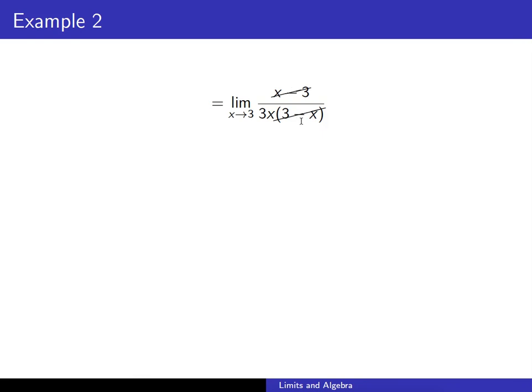So these will cancel out, but instead of having a 1 in our numerator, we'll have a -1. So it simplifies to the limit as x approaches 3 of -1 over 3x, which then we can evaluate directly. -1 over 3 times 3 is -1/9.